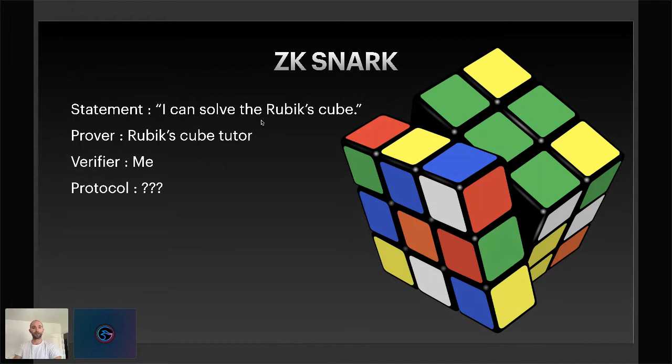Okay, so I just bring up that vocabulary because anytime you hear about ZK SNARKs, these four components are always there. There's always a statement, prover, verifier, and a protocol. So right, getting back to the Rubik's Cube example, I'll give you two examples of bad protocols. The first one I came up with, I changed my ad online.